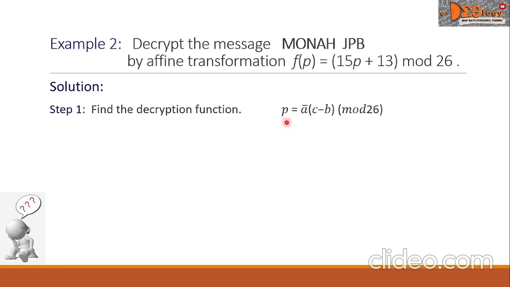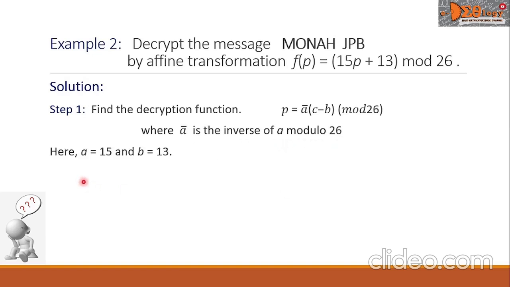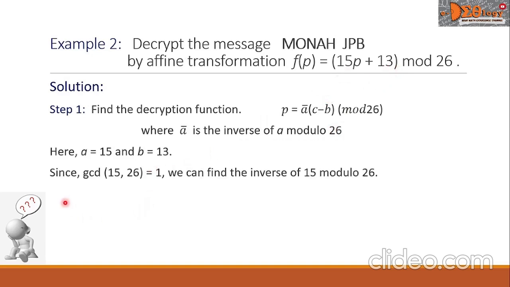So this is p is equal to a bar times the quantity c minus b, then mod 26. A bar here is the inverse of a modulo 26. Here the a is equal to 15 and b is 13. Since GCD of 15 and 26 is equal to 1, we can find the inverse of 15 modulo 26.